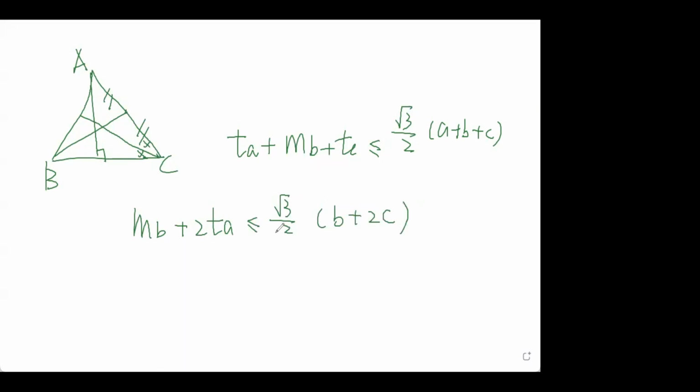You may wonder, why is it true? If it is true, then we also have MB plus 2TC is smaller than sqrt(3)/2 times B plus 2A. And if you sum this up, we get the stronger version. So we just need to prove one of them and the rest are all set.